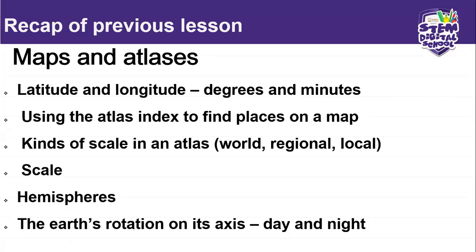We looked at the following subtopics: latitude and longitude, the degrees and minutes, using the atlas index to find places on a map, kinds of scale in an atlas, the world, regional and local scales. We also looked at hemispheres and also the Earth's rotation on its axis, which gives us day and night. That is what we covered yesterday for the lesson.